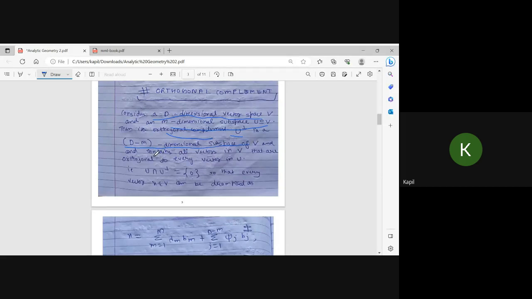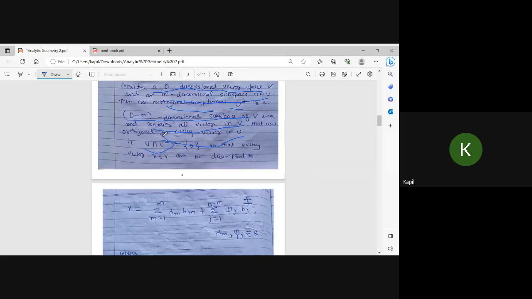It contains all the vectors in V that are orthogonal to every vector in U. That means if we take the intersection of U and U complement, it comes out to be nil.